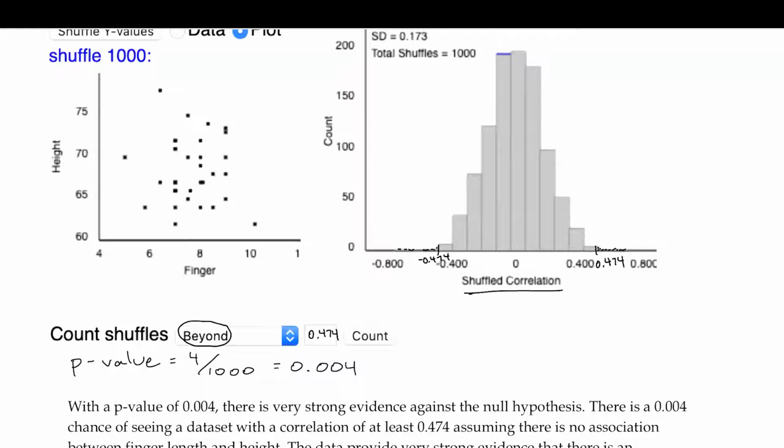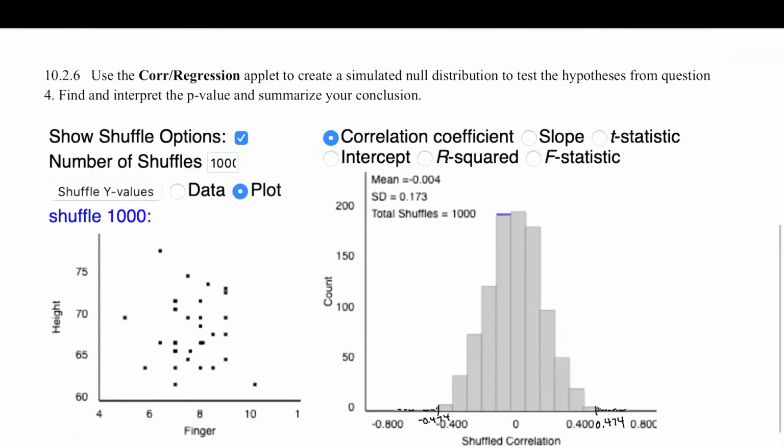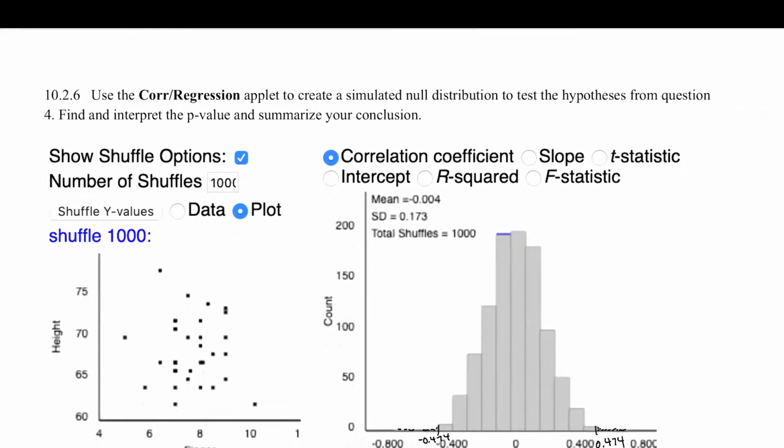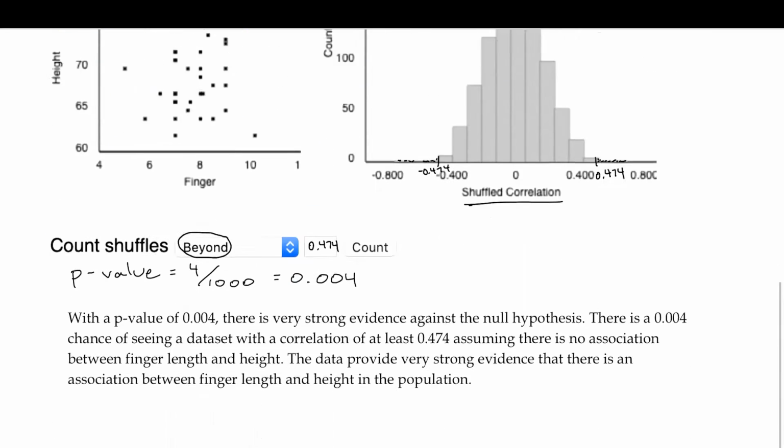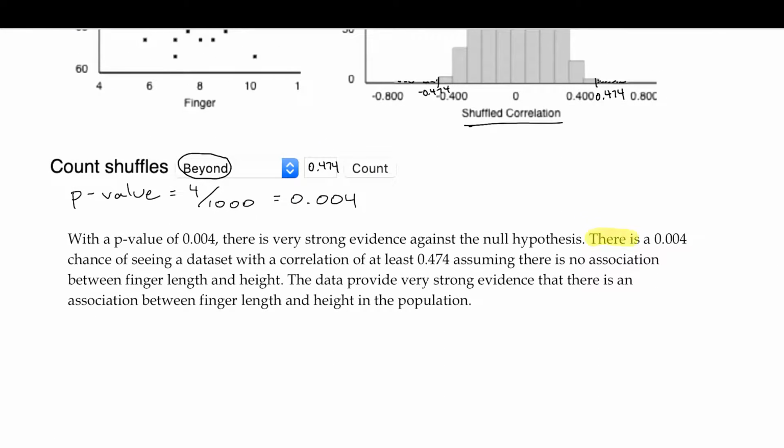Okay, so with a p-value of 0.004, there is very strong evidence against the null hypothesis. The same guidelines that we used before in terms of strength of evidence still apply. So here it asked us to interpret the p-value, and that's the sentence in yellow.